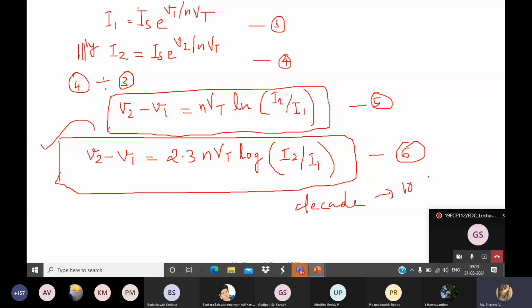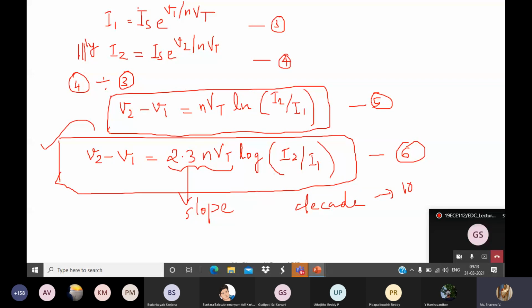So this equation states that for a decade change in current, there exists a slope of 2.3 nVT.